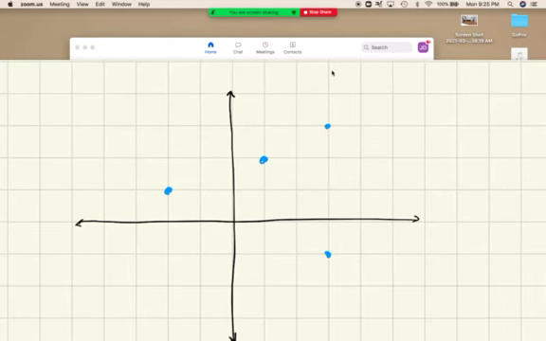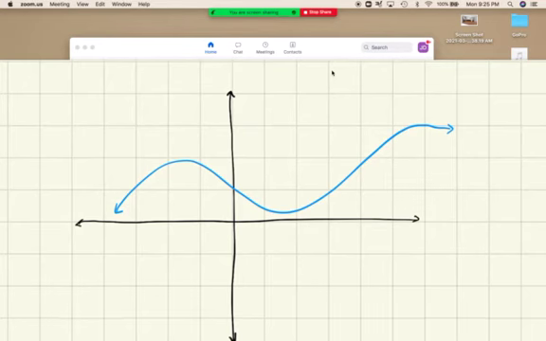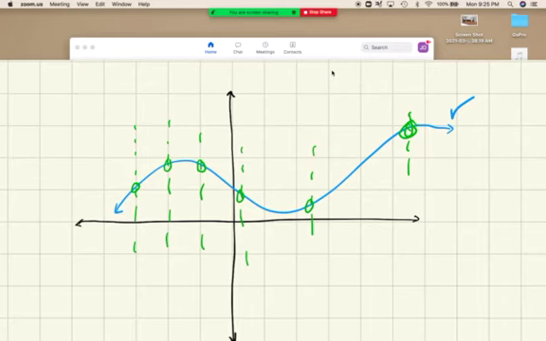The thing that we haven't seen yet is if we have something like some continuous function where it's not just dots, but the same test can be applied. If I can draw a vertical line anywhere and I only intersect at one spot, then it passed the vertical line test. So I can draw a vertical line anywhere and they all only intersect at one spot. So this is a function.